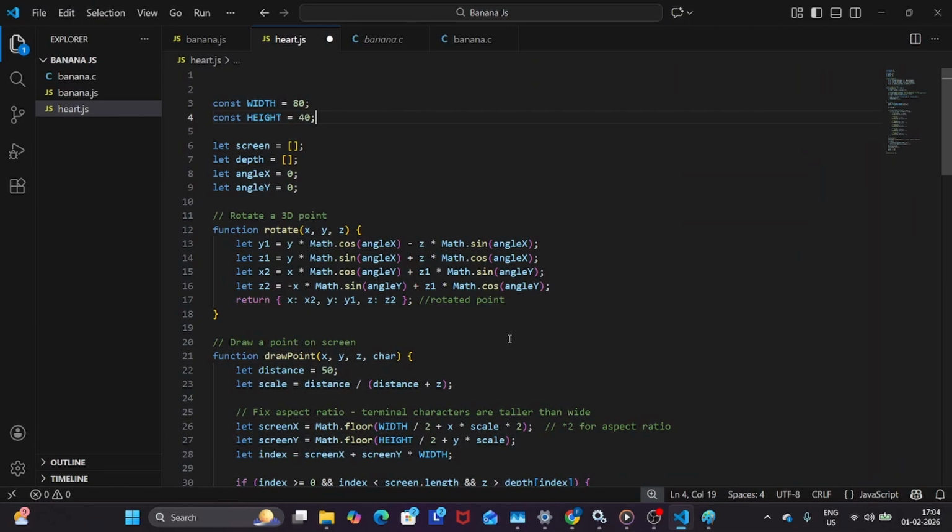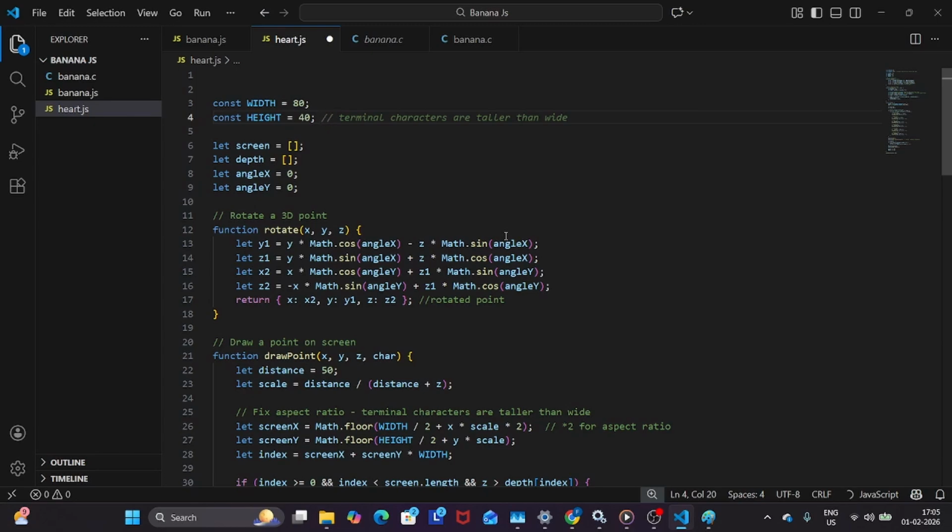Now imagine a piece of graph paper with 80 squares across and 40 squares down. Exactly, that is what we are doing. Remember, this is the main important point: the terminal cannot understand 3D.